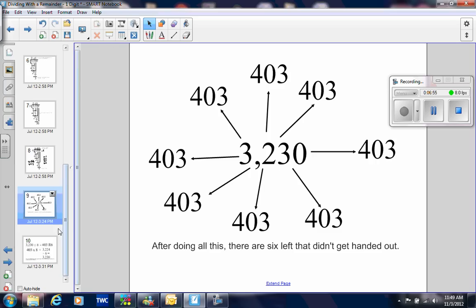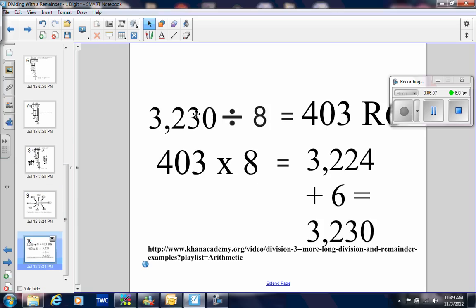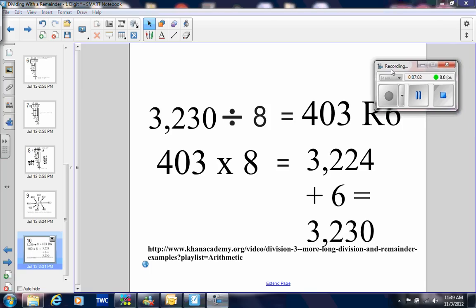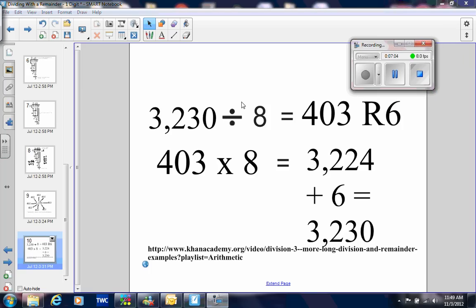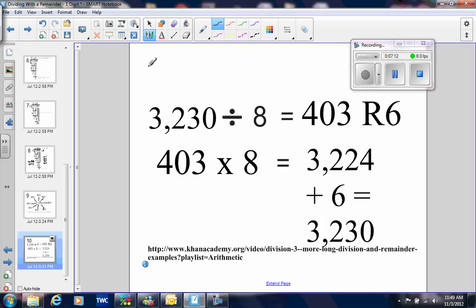So mathematically, to see an equation like this, 3,230 divided by 8 equals 403 remainder 6, which means you should be able to go the opposite. If I take 3,230 and divide in this direction, I should be able to start back here and do the opposite.